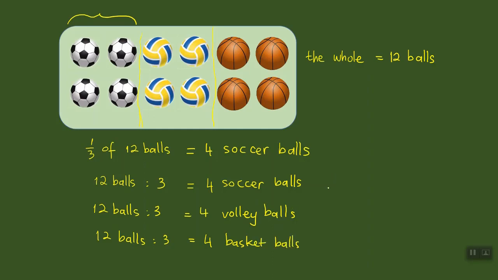Just like before, we say that 1/3 of the 12 balls is 4 soccer balls, but another 1/3 part of the 12 balls is 4 volleyballs, and another 1/3 part of the 12 balls is 4 basketballs.